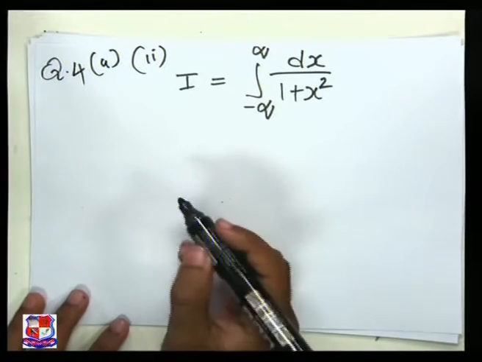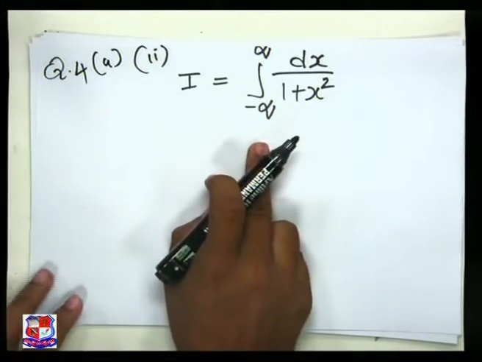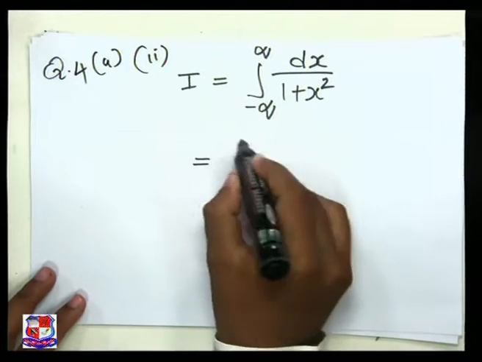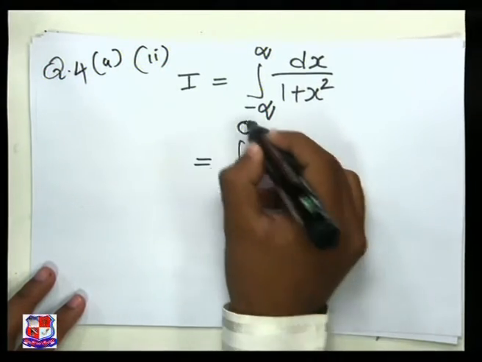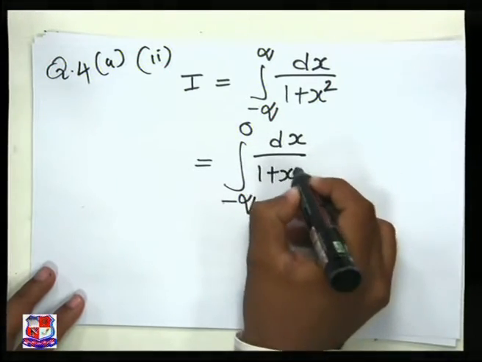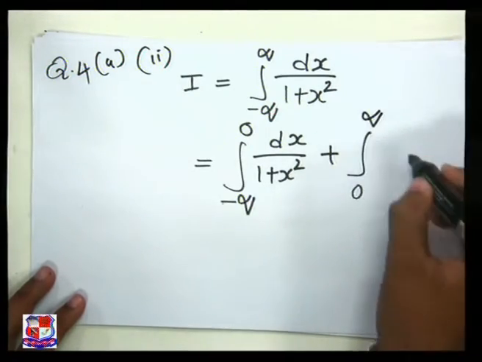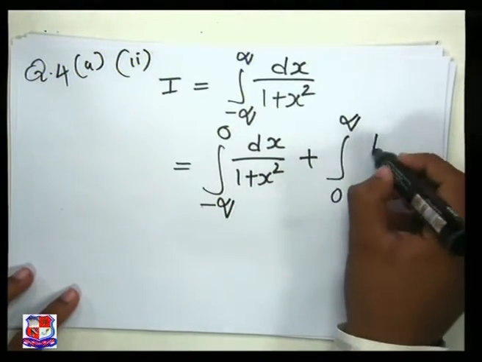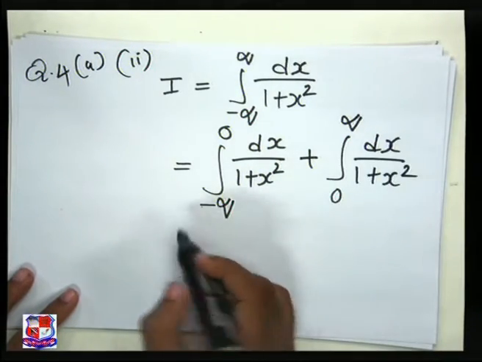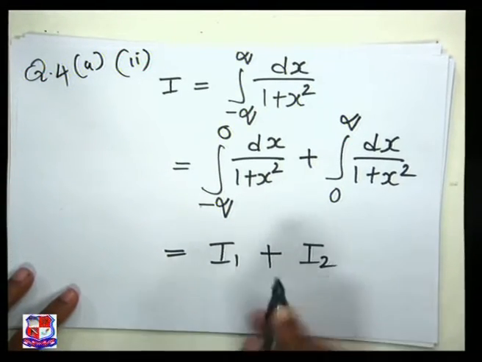Now this is also an example of improper integral, and this can be written as integration from minus infinity to 0 dx upon 1 plus x square plus integration 0 to infinity dx upon 1 plus x square. This is equal to I1 plus I2.